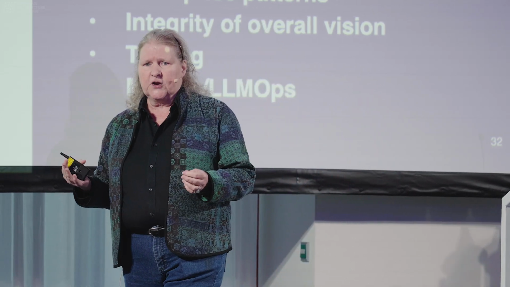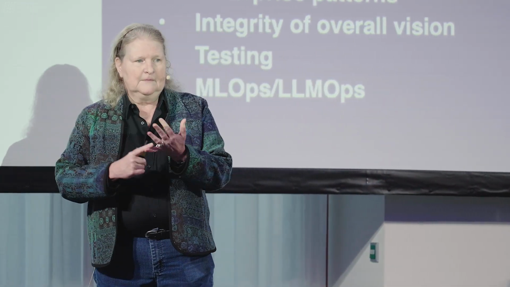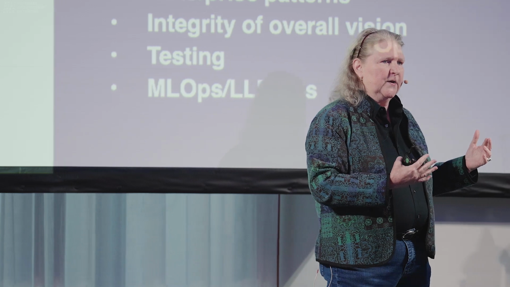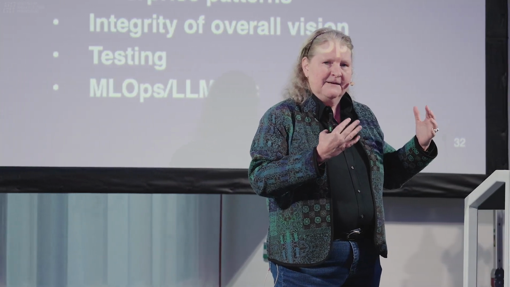So we know we're getting lots of code, and what do we know about the increase in code size? If you have more code, you have more bugs. If you have more code, it's harder to understand the code that you have because there's more of it to understand. And so we are creating a mountain of code that may not be very good.